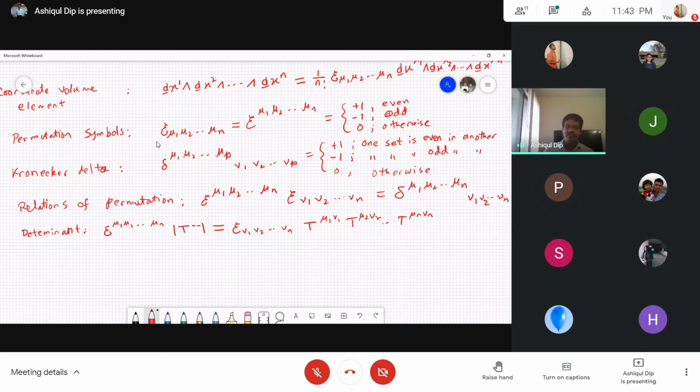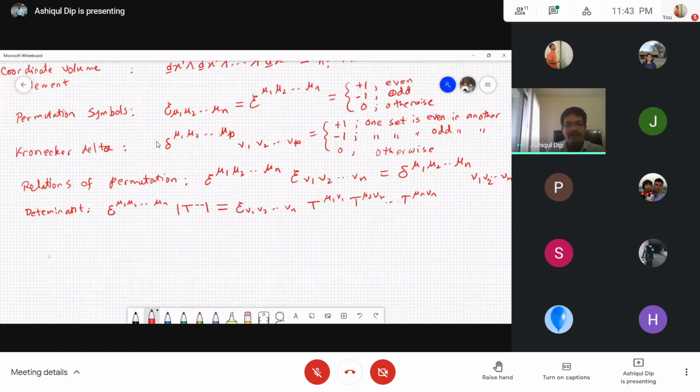For lower indices and so on, you can construct it yourself. It's just a matter of notation.